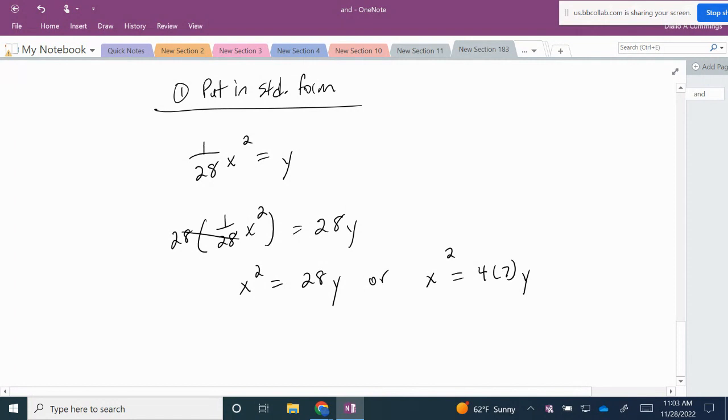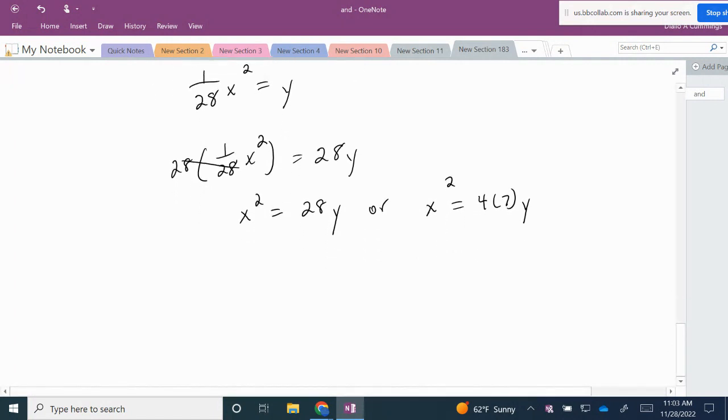Okay, so in some instances, you can write it out as simply x squared is equal to 28y. In other instances, you can write it out as x squared is equal to 4 times 7 times y, but both solutions are the same. So now that we have it in standard form, we're going to pull out the focus, the directrix, and the vertex.